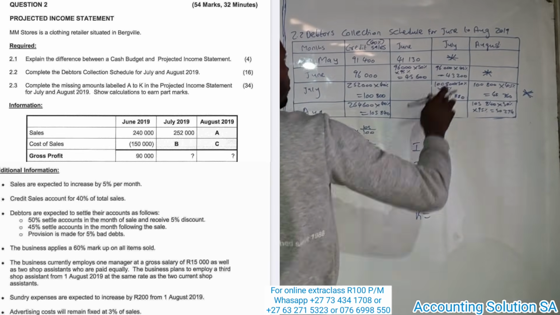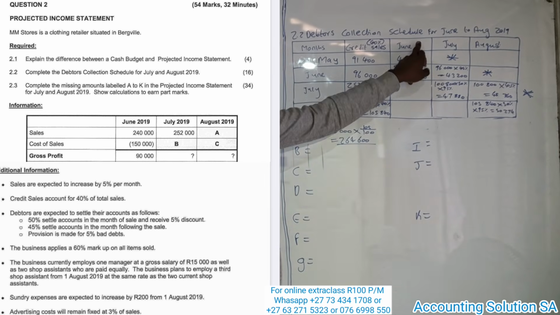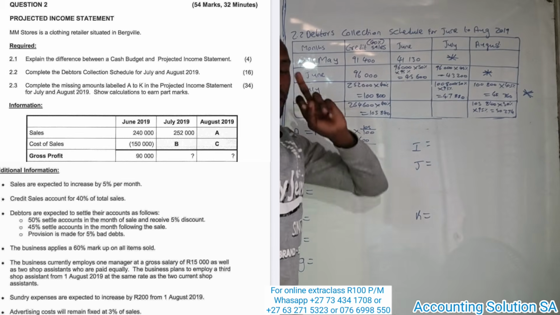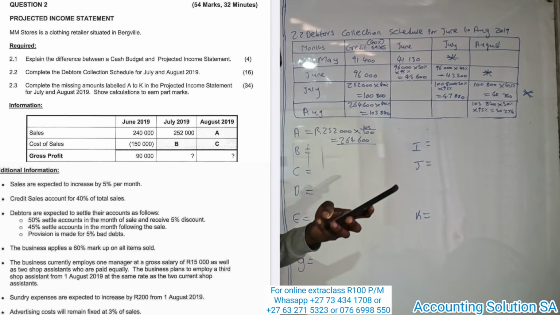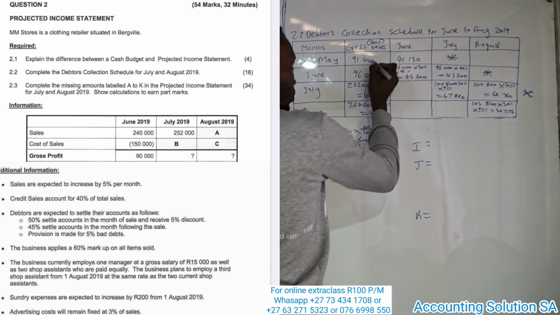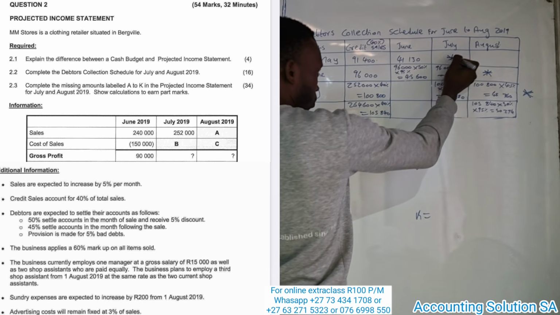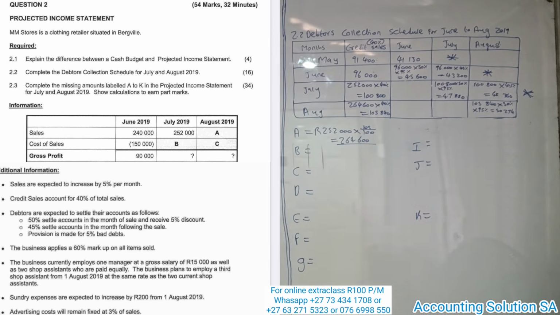Why this one? Because May, the same month of May is May. The following month is June, which means that July is the second month, which you have to write off 5%. When they say that we have to calculate bad debts again, we're going to use this 91 here on July and the 96 for August.